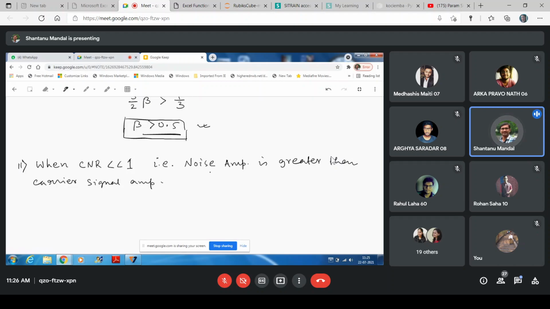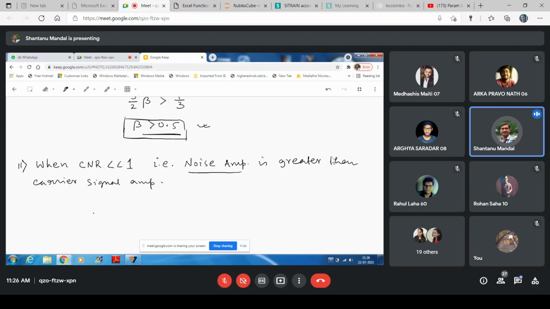Then what phenomenon occurs in this case? In this case, it is the FM threshold effect.